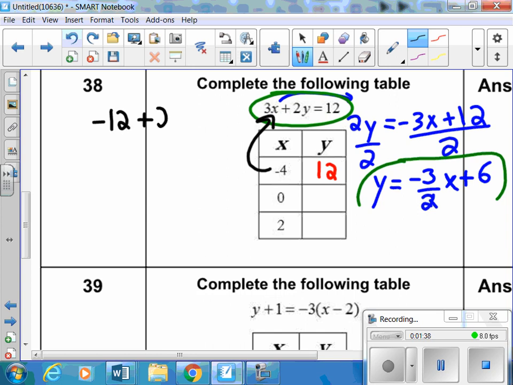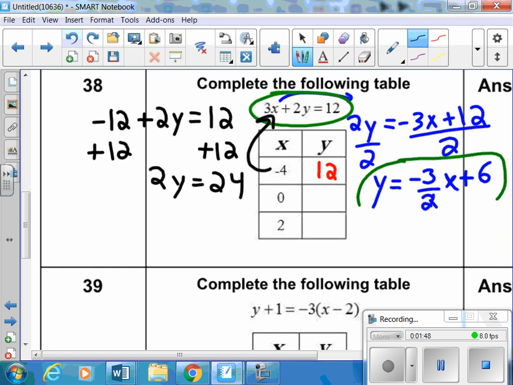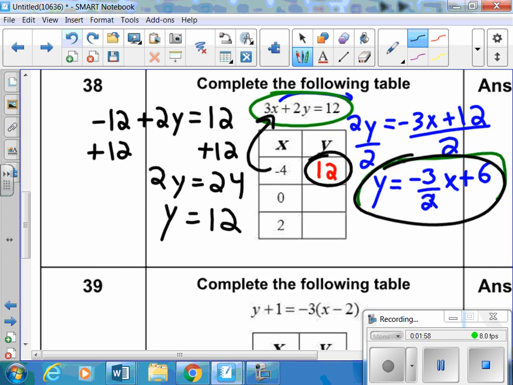Then you add 2y, and that equals positive 12. And then we just solve for y. So I would add 12 to both sides. 2y equals 24. And then divide by 2, and y equals 12. So you still get the 12 right here. But then you have to solve the equation each time. So it's easier to solve it one time to get to this answer, and then you just plug and chug.